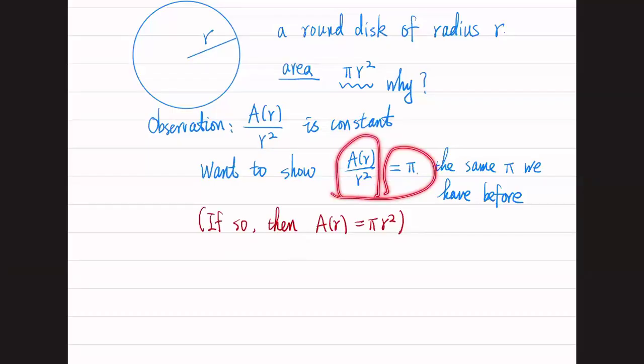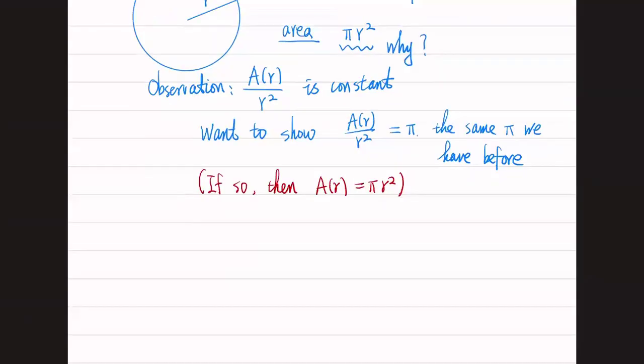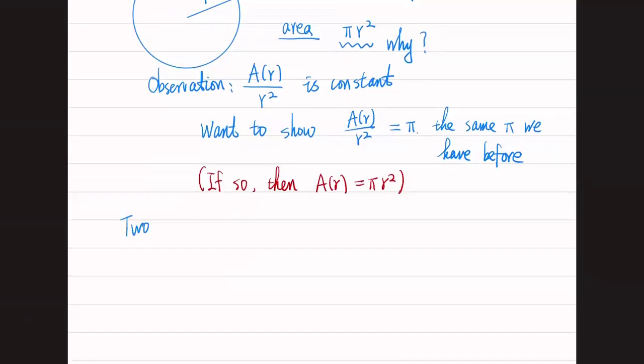Why the two ratios? One for the length over 2r. Why are they equal to the same pi?